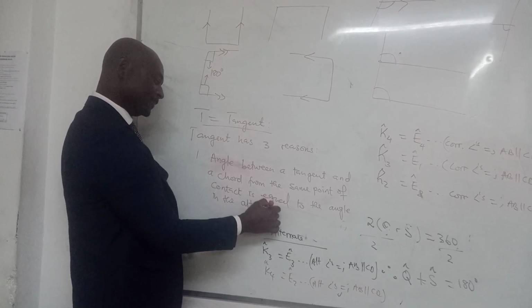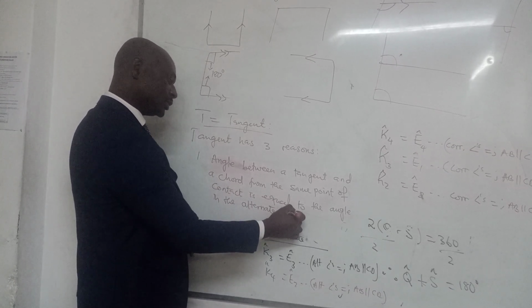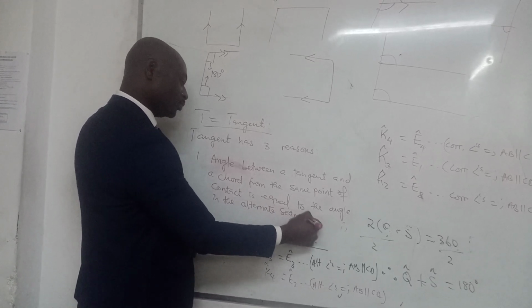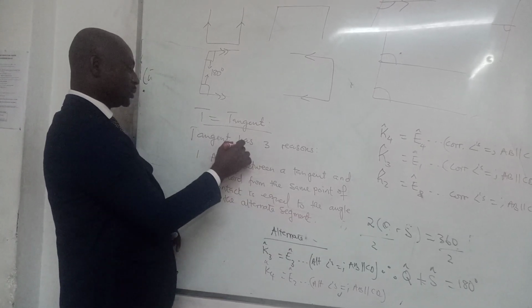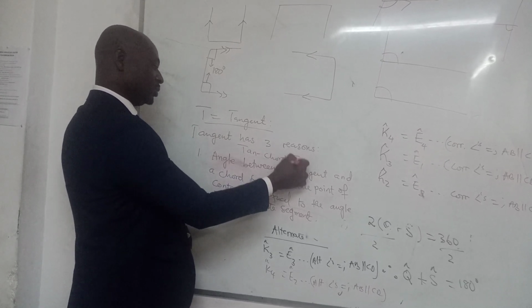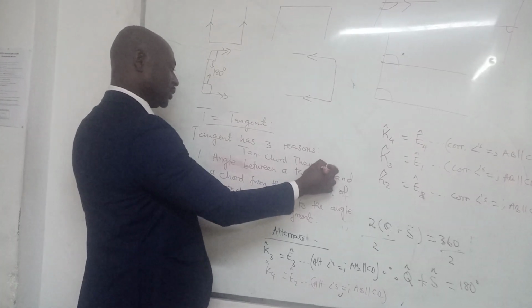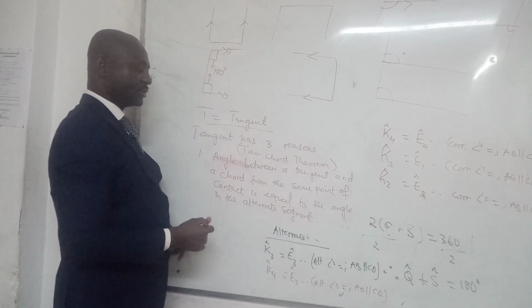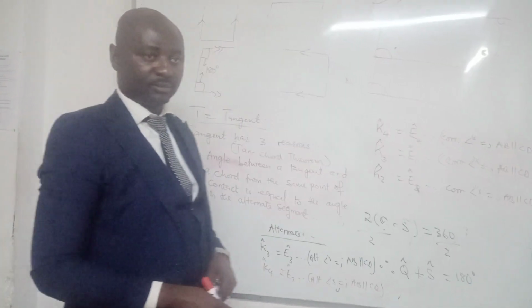So this is what we call the tan-chord theorem. It is called what? Tan-chord theorem. In exams, when you write and you want to give a reason, you just say tan-chord theorem.